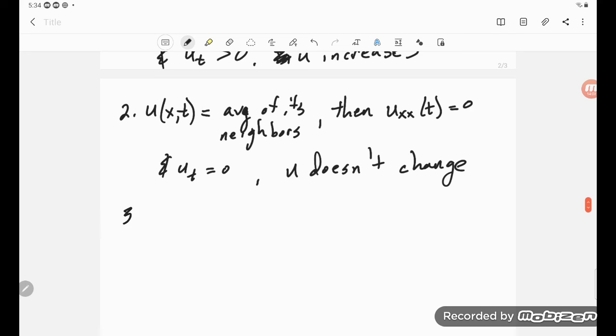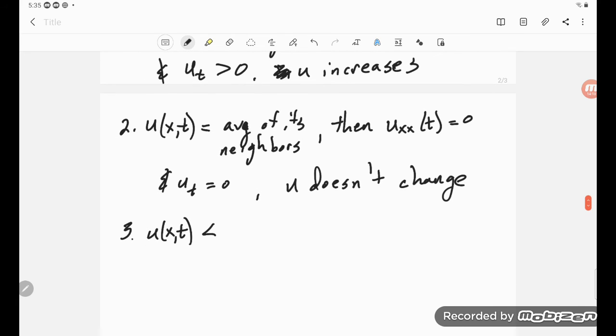And then finally, if u of x t is less than, what did I do here? Oh, sorry, I did less than. Is greater than the average of its neighbors.